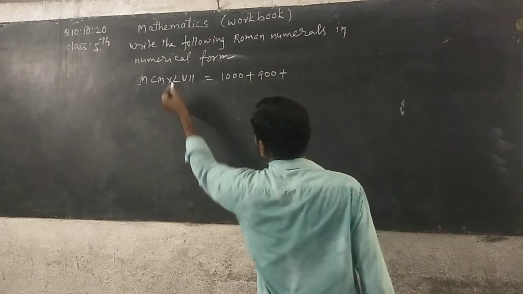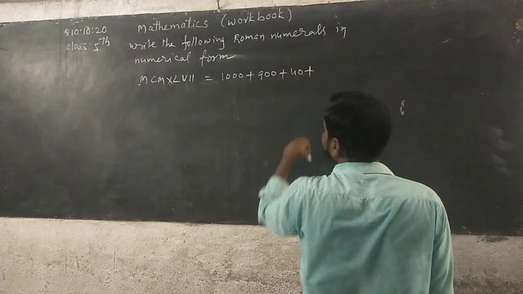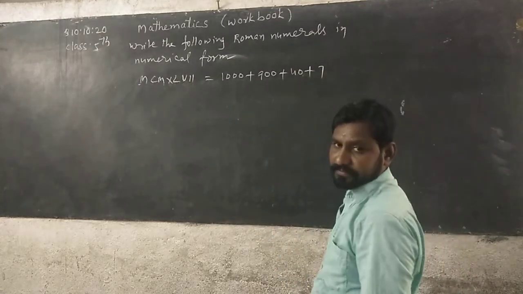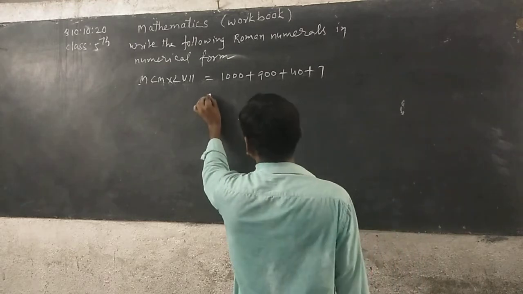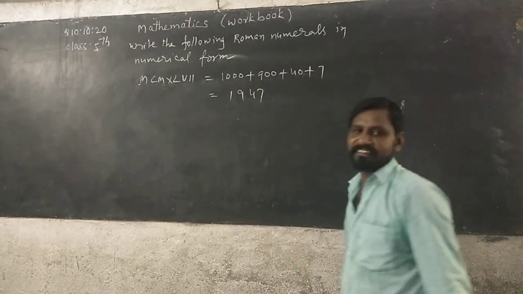Plus XL means 40. Plus VII means 7. That is equal to 1947.